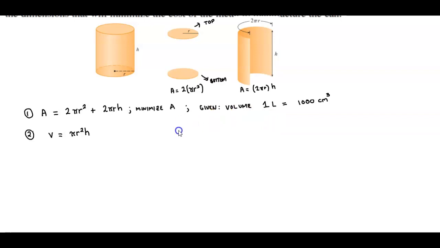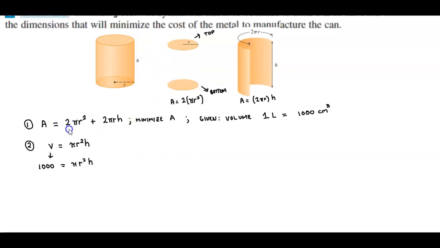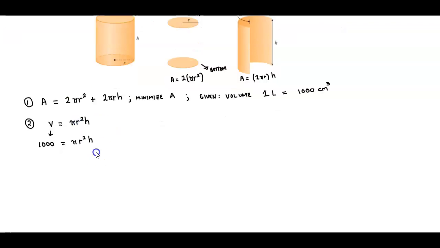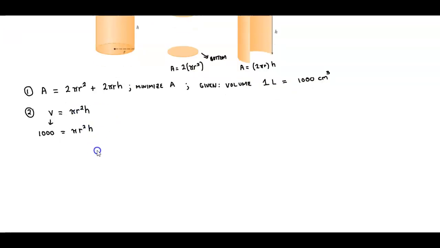So we're going to rewrite the volume to be 1,000 cubic centimeters, and we're going to solve for h, because we want this formula to be in terms of our radius. So if we want to solve for h, we need to divide both sides by pi r squared.